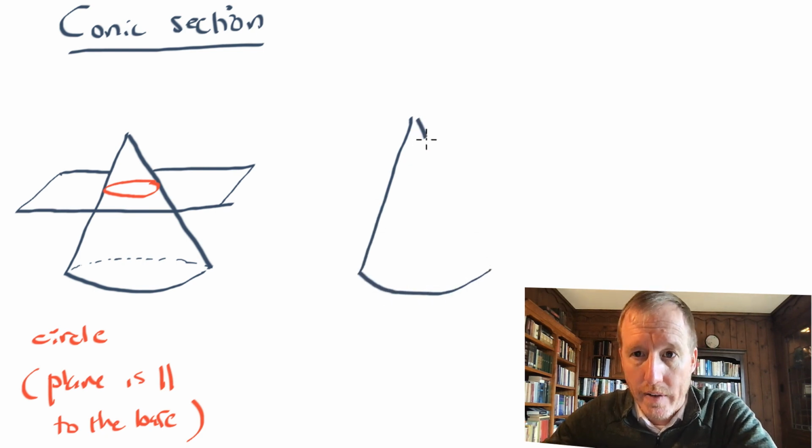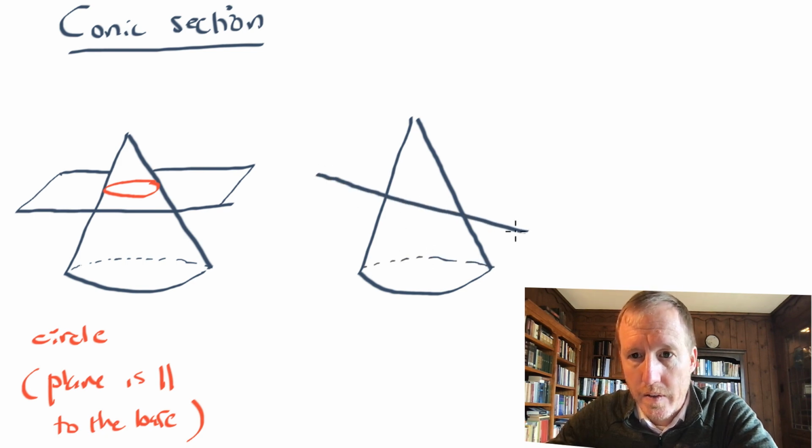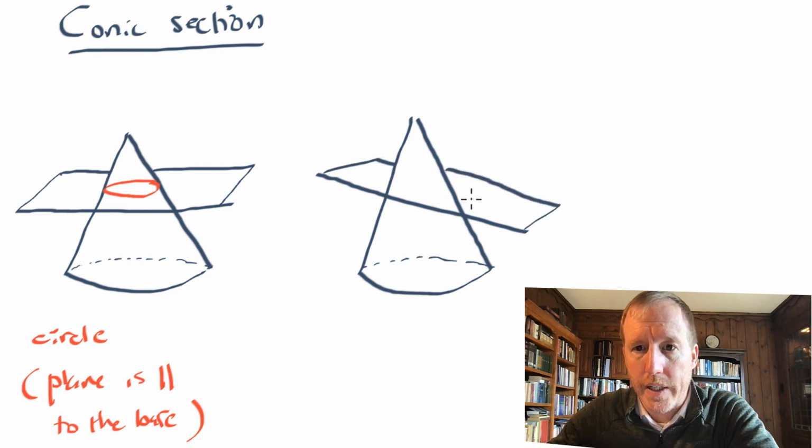Okay, what about the next conic section? I'll draw another cone. What if I were to take this plane and cut the cone at a funny angle, at an oblique angle like this? Well, the intersection would form a line like that.